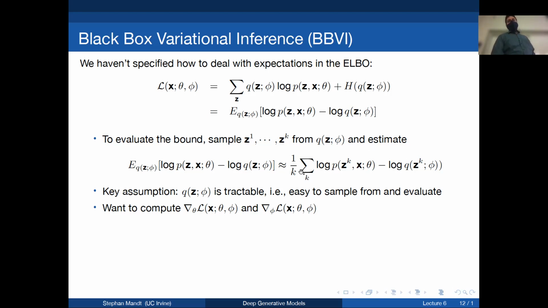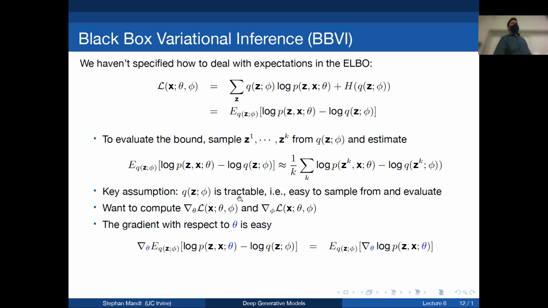First estimate it, as we did here, and then simply take the gradient of that estimate. In some sense, this is exactly the answer if we talk about the model parameters theta, and I'll show this to you in a moment. Remember, we want to optimize both the model parameters theta and the variational parameters phi. It turns out one of them is easy, the other is more tricky. If we only care about the model parameters, the answer is exactly as given here in the lecture.